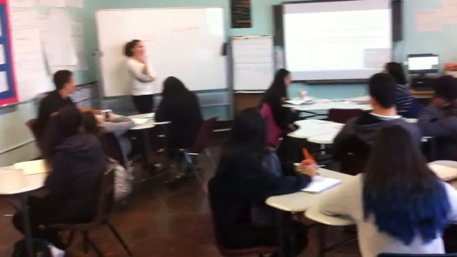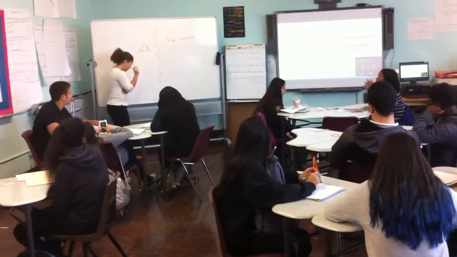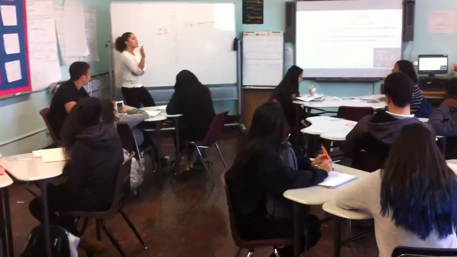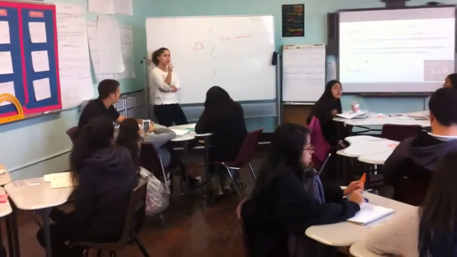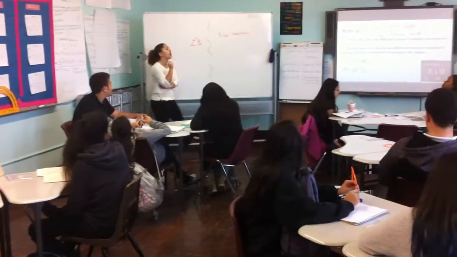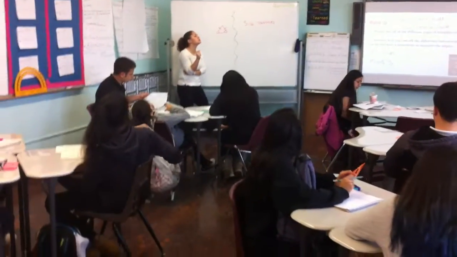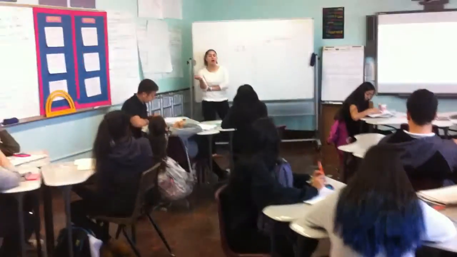Don't do math. Okay, let's go back. Let's pause here. With a right triangle, how can I check if it's a right triangle? I don't have angles. What about the hypotenuse?